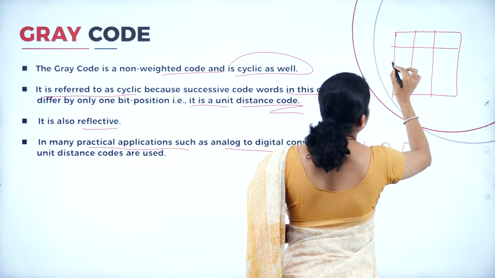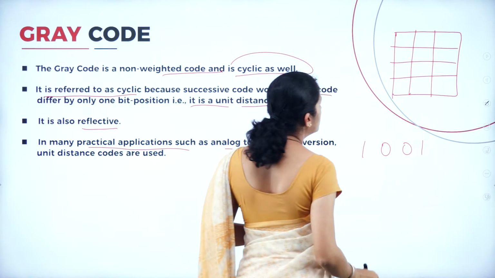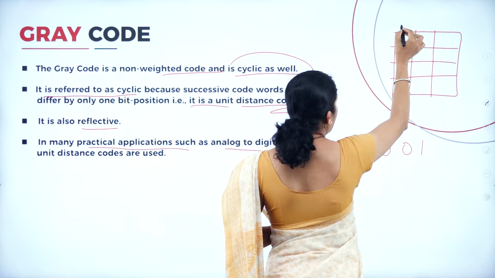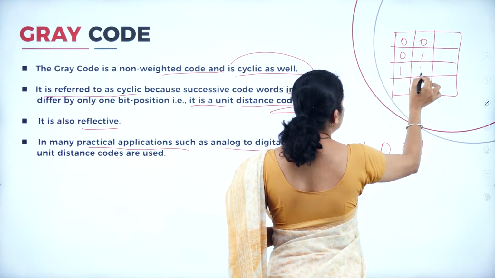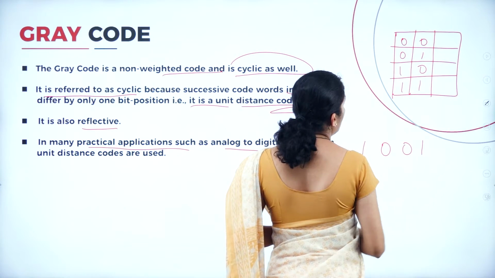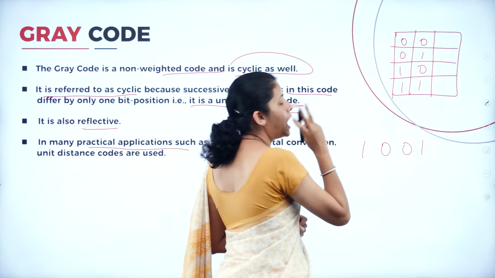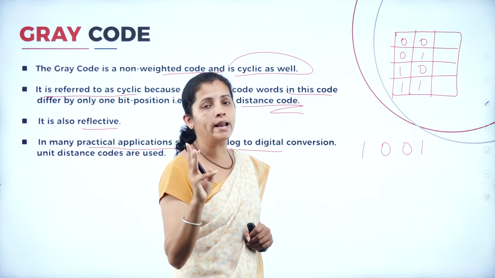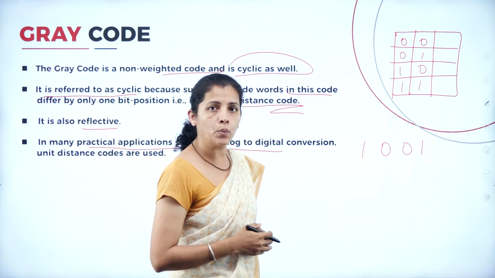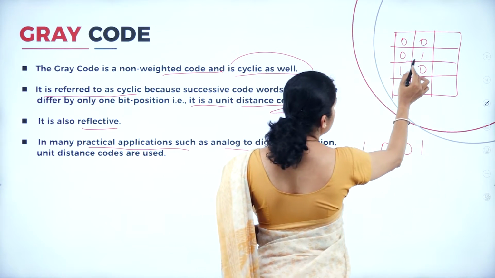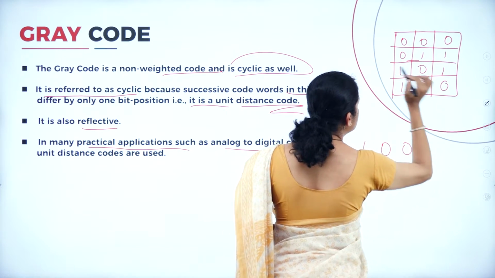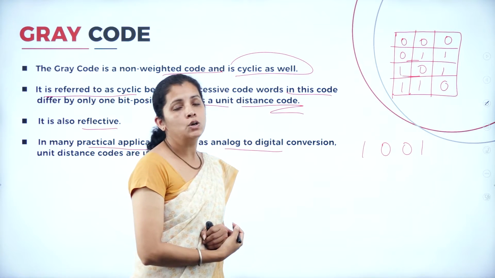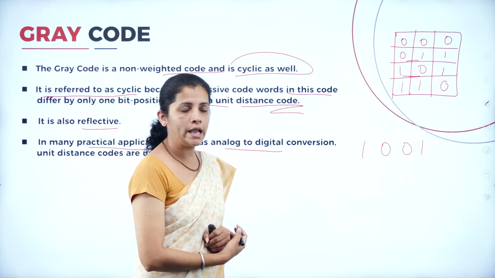So I have 4 possibilities and 2 inputs: 0, 0, 0, 1, 1, 0, 1, 1. And I'm going to get high output only when both the inputs are different. So here if I consider this one and this one, I'll get high output and the remaining are 0. And this is the truth table of XOR gate.